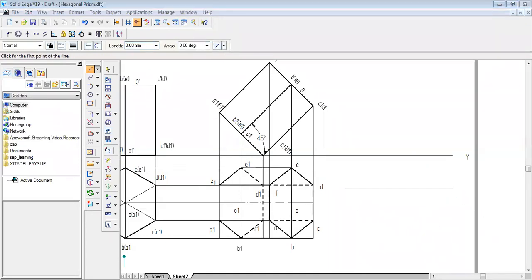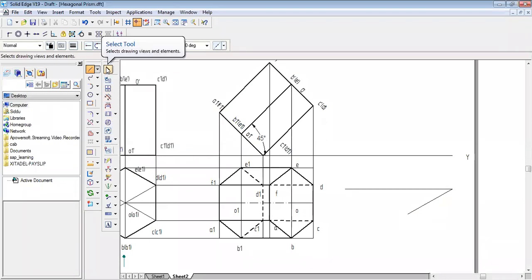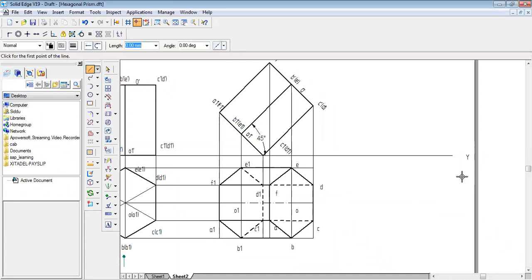Once again, I'll draw from here. I've drawn one parallel line from here.